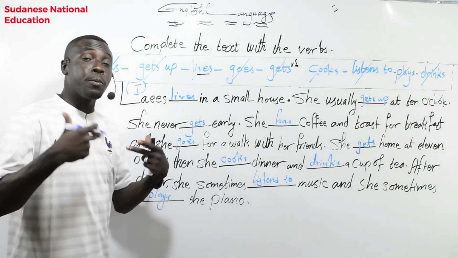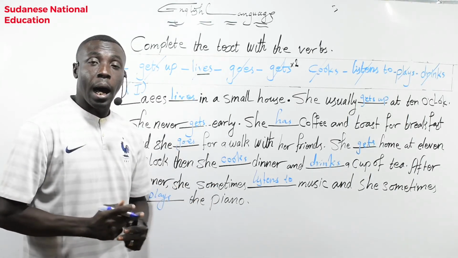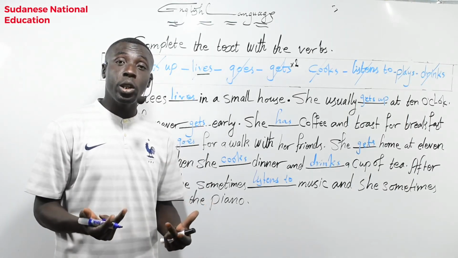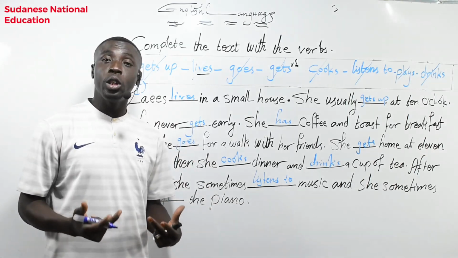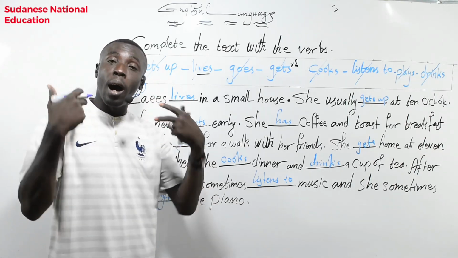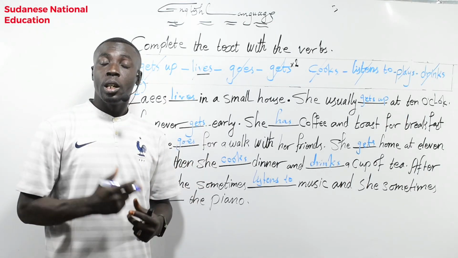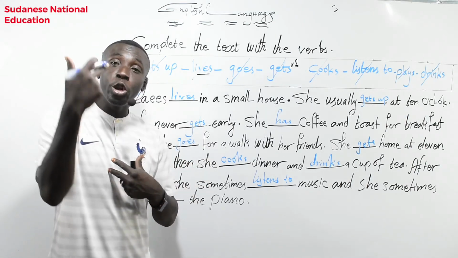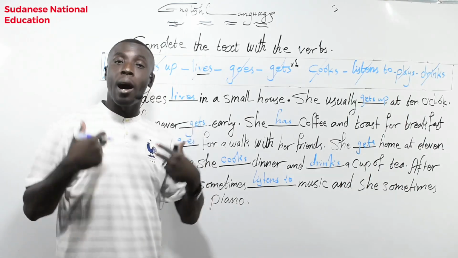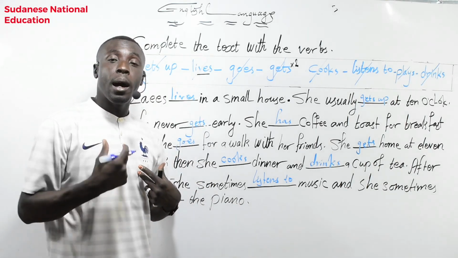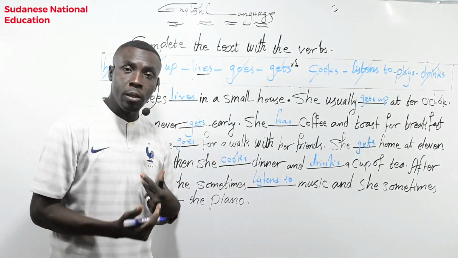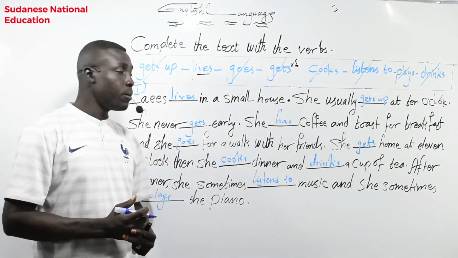With I, the verb comes in the infinitive. I would like you to practice this on your own, using the pronoun I as yourself, practicing talking about yourself if you want to talk about your day or what you do every day.